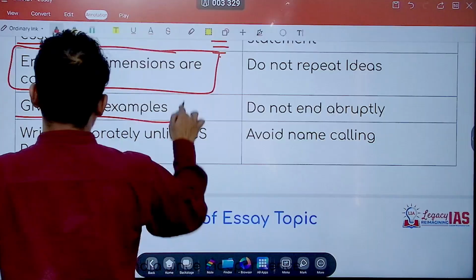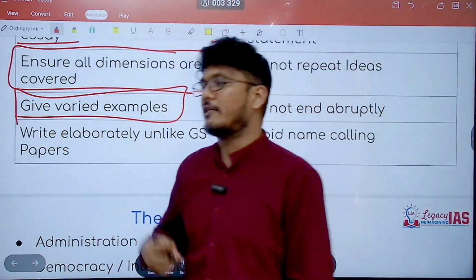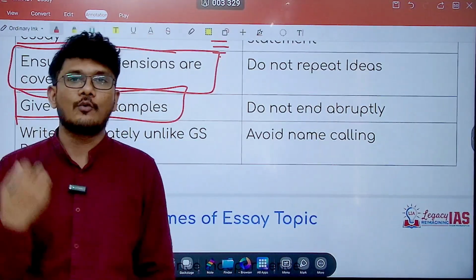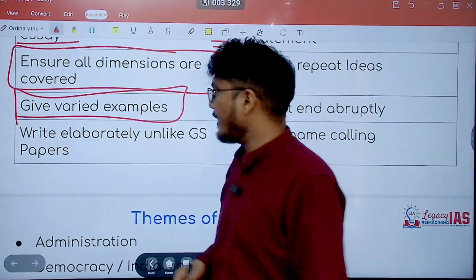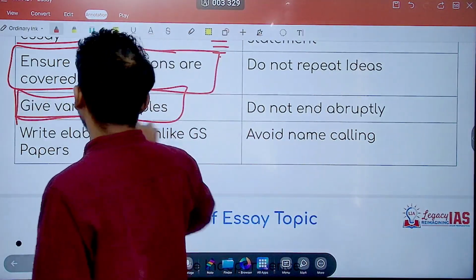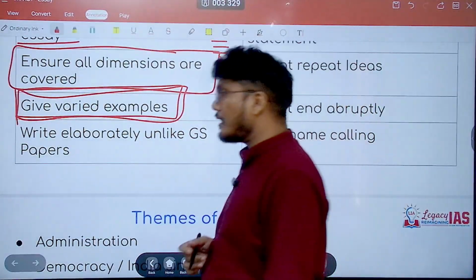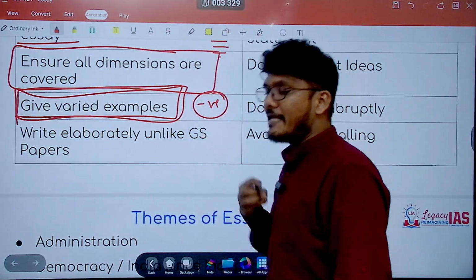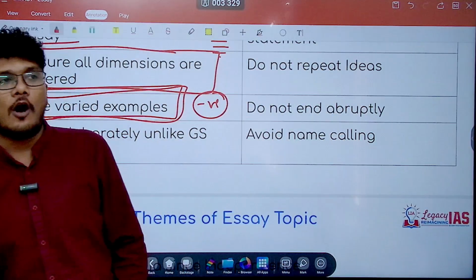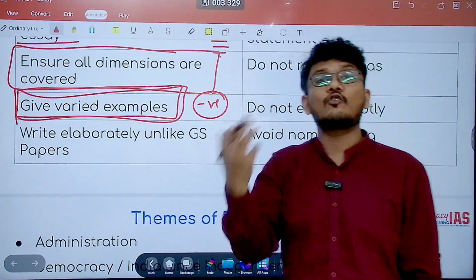Now again, another important thing, give varied examples, especially in questions related to culture, religion, intolerance, and so forth. Because in those kinds of essays, your bias can come up. If your question is related to religion and you want to talk about certain negatives about it, ensure that the examples you are giving do not belong to one particular kind of practice or one particular section of society only.